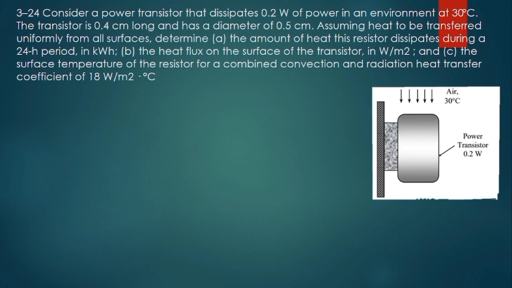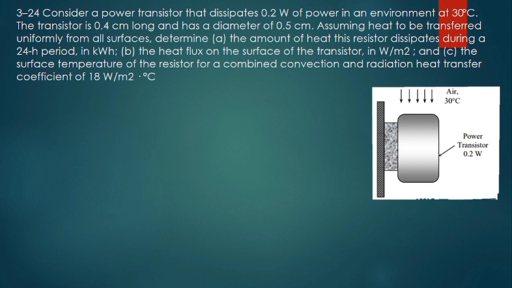Consider a power transistor that dissipates 0.2 watt of power in an environment at 30 degrees Celsius. The transistor is 0.4 centimeter long and has a diameter of 0.5 centimeter, assuming heat to be transferred uniformly from all surfaces.